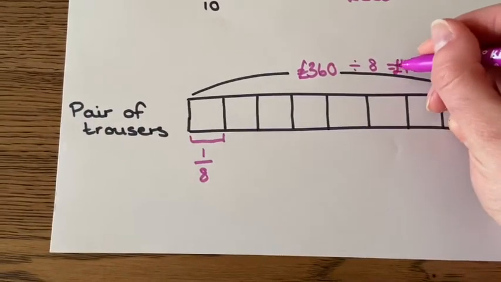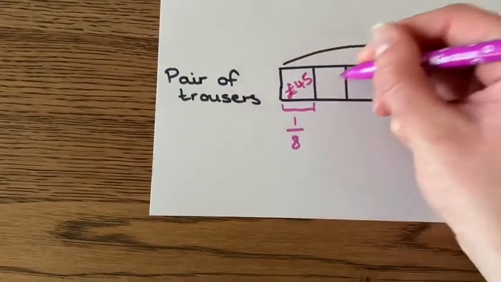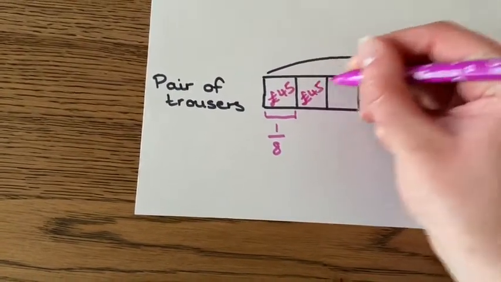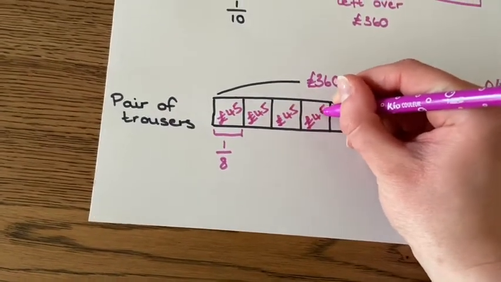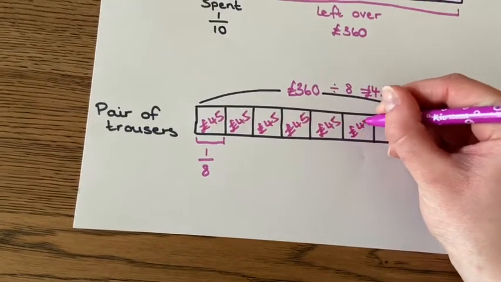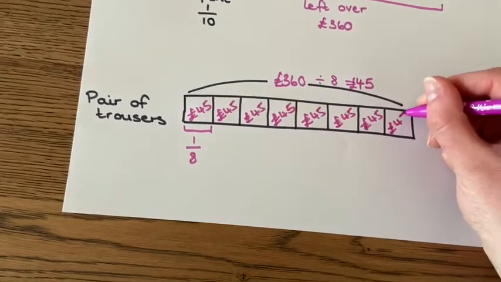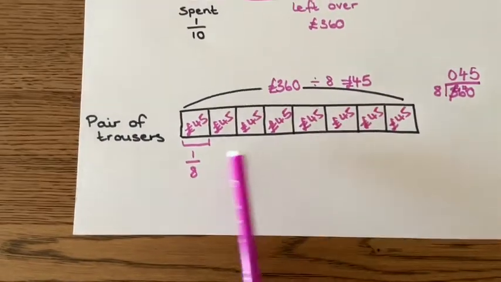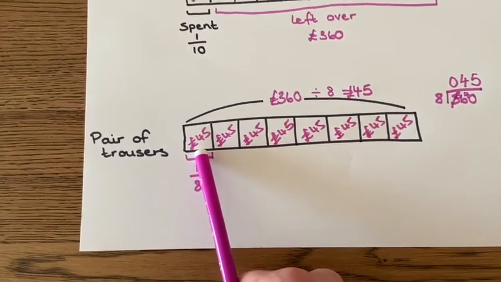Add my unit of measuring. So I can therefore tell you what from that. So as I again write down what I know, think about what this shows. Okay, so hopefully you have shown that a pair of trousers costs £45.